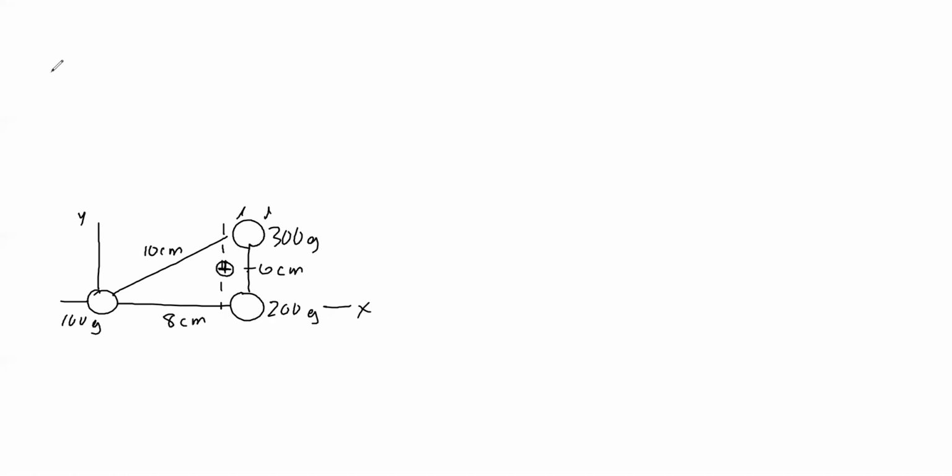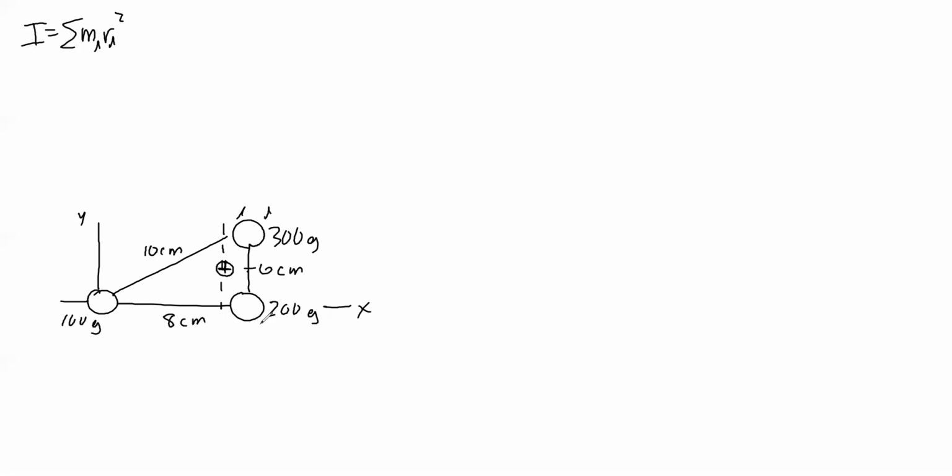If you have multiple point masses like this, then the moment of inertia I is defined as the sum of the masses times their distances squared to the axis. And sure enough, we're going to do this example of the widget and calculate different examples of the moment of inertia.